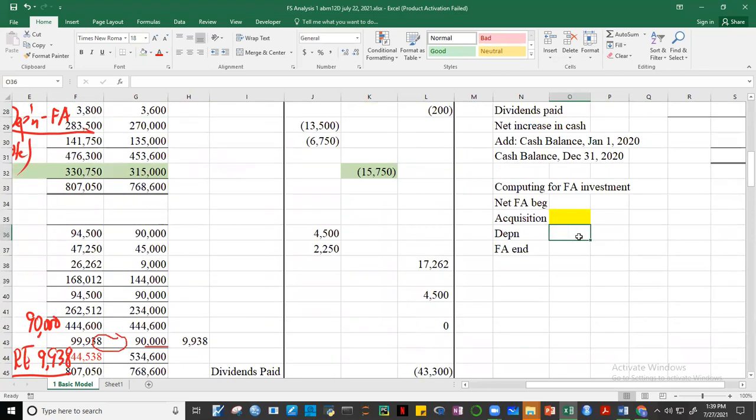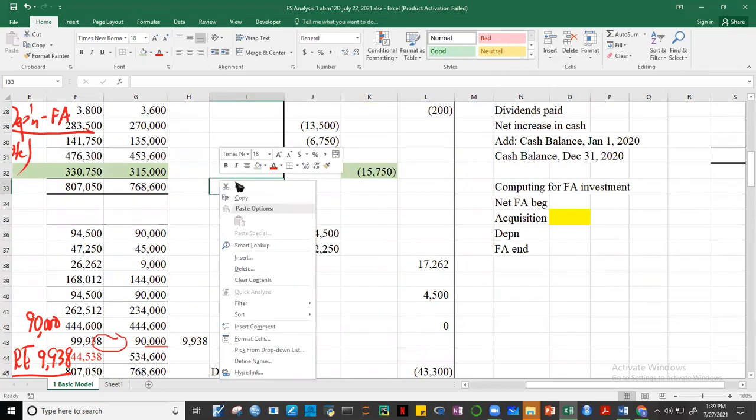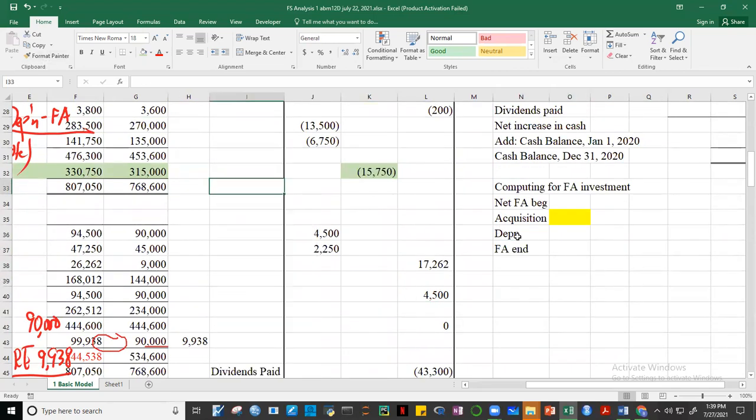So dito, dapat dito, no? Okay. Bago pala depreciation, may kailangan isama tayo dito. Yung disposal. Anong disposal? Disposal, guys, kung may binenta na fixed assets. Okay? Kunyari, may binenta na fixed assets, ibabawas din natin yung sa net fixed assets.